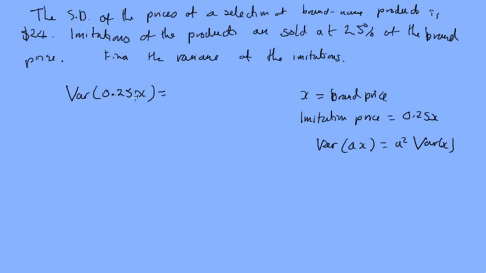So the variance of 0.25x is going to be, now a is 0.25, and we're going to square that times the variance of x, which we are given is 24. Oh, we've been given the standard deviation, sorry. So the variance is the standard deviation squared, and that's going to be $36.